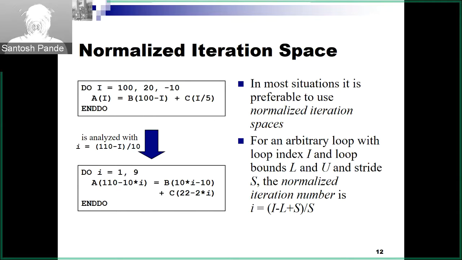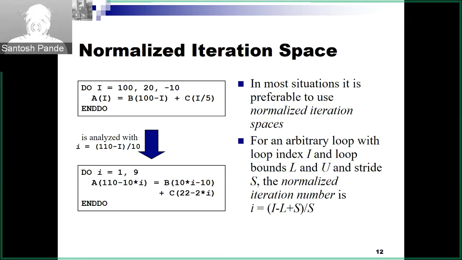So for example, if you have this loop going from 100 to 20 and down by 10, these are some kind of loops people write in Fortran and such languages. You can see that it has a stride, which is 10, and it has an upper bound and a lower bound and so on.